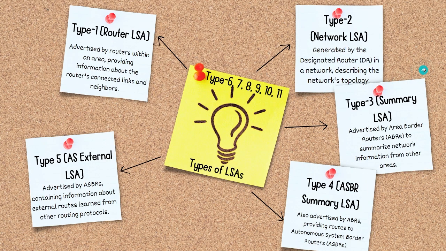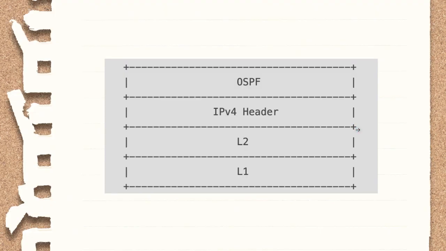So now let's look at the packet formats. When it comes to the OSPF protocol, each OSPF packet will hold this type of format: layer 2 header, layer 1 header, layer 1 information, then layer 2 information. On top of that, there will be network layer information, which is nothing but the IPv4 header, or in case of IPv6, it can be an IPv6 header, and then we have OSPF.